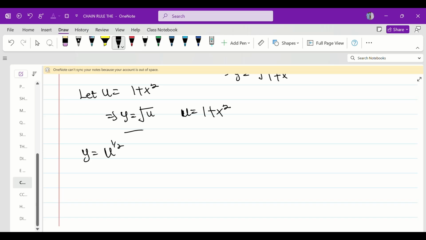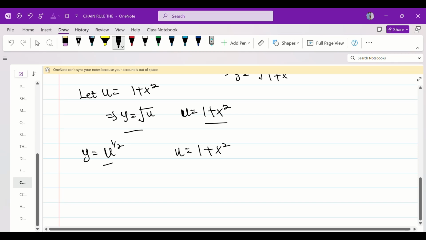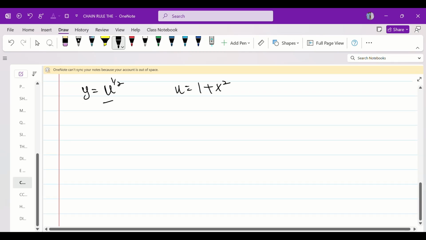In applying the chain rule, we have y to be u exponent 1 over 2, and u to be 1 plus x squared. So we find dy/du, then we find du/dx. Our dy/du is equal to 1 over 2 u exponent 1 over 2 minus 1, which is negative 1 over 2, and du/dx is equal to 2x.